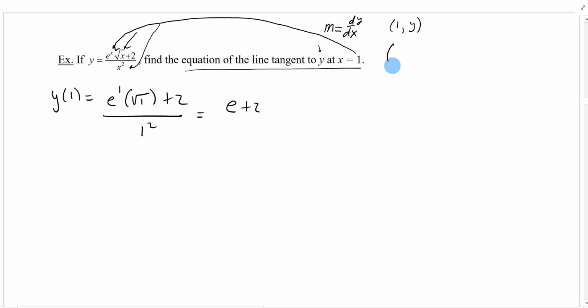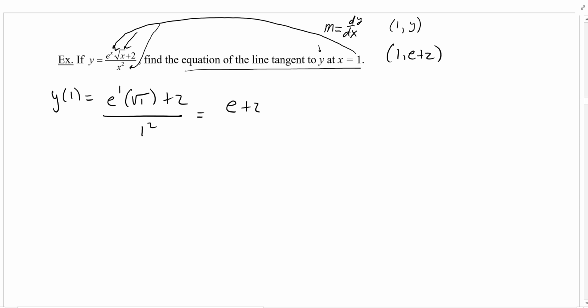So I have the point 1 comma e plus 2. So all of this is a y value. I know it looks kind of weird, but that's a y value. If you think about it, e is 2.71, plus 2 that'd be a total of 4.71, but we're going to write it in exact form. That's exact form right here.